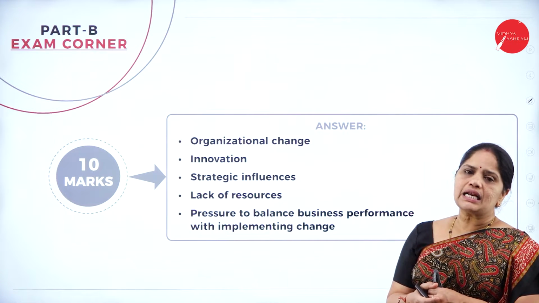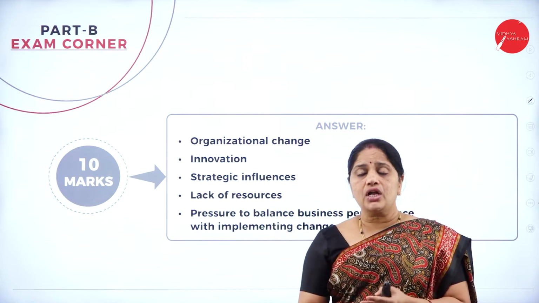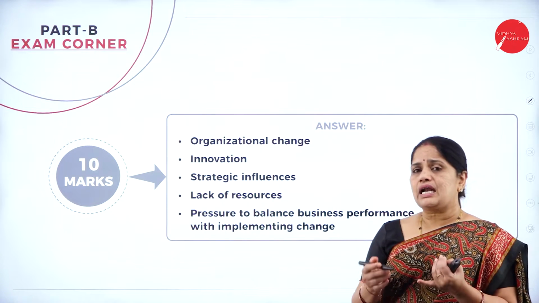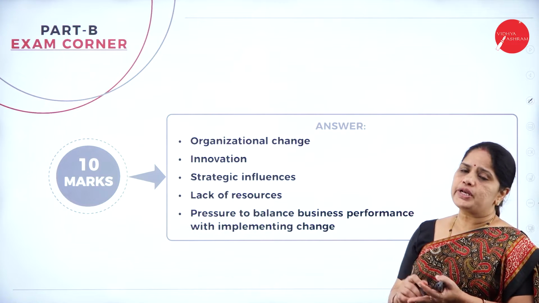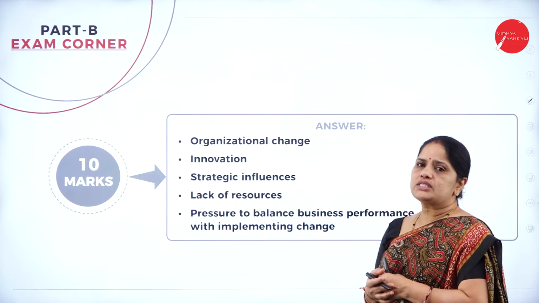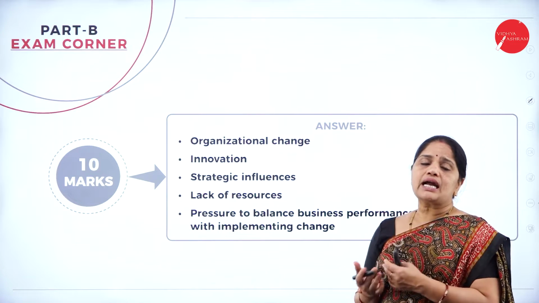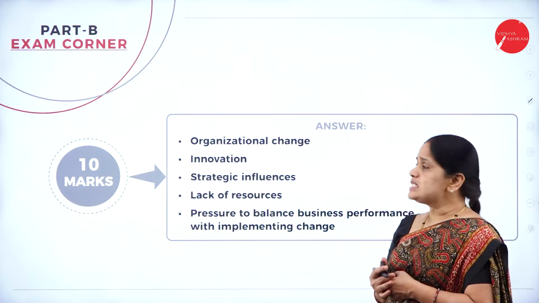We all know the traits of a good leader. We know there are various kinds of leadership: autocratic leaders, democratic leaders, free-rein leadership. Based on that, what kinds of challenges do these leaders face when they are executing the strategy?